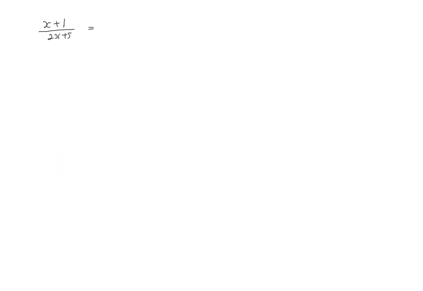So now I put like that: 1/2, 2x plus 2 over 2x plus 5. Do you understand why I put 2 there? Because I want to create something on top exactly like at the bottom. Can I not? So I times 2, I have to divide by 2, so I times half. Okay, so that's the first step.